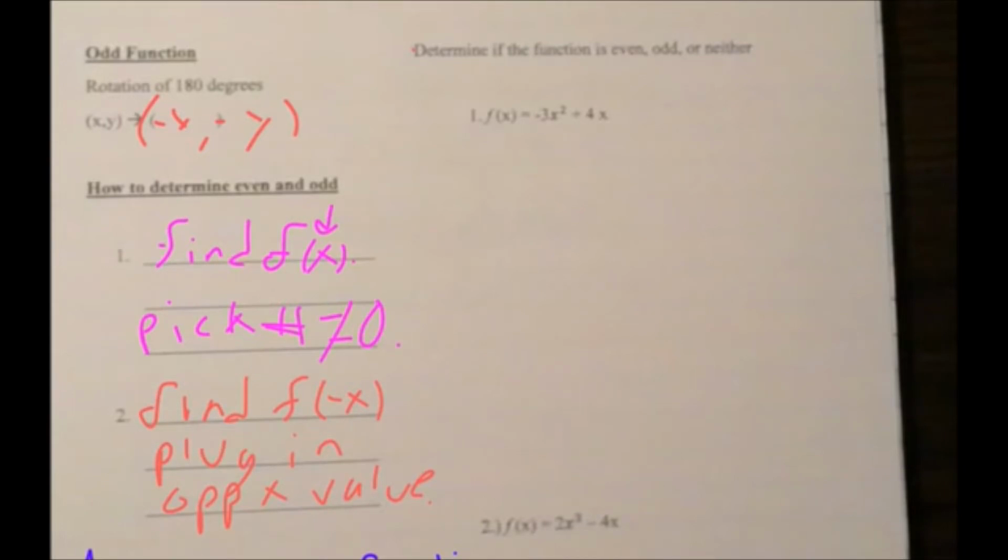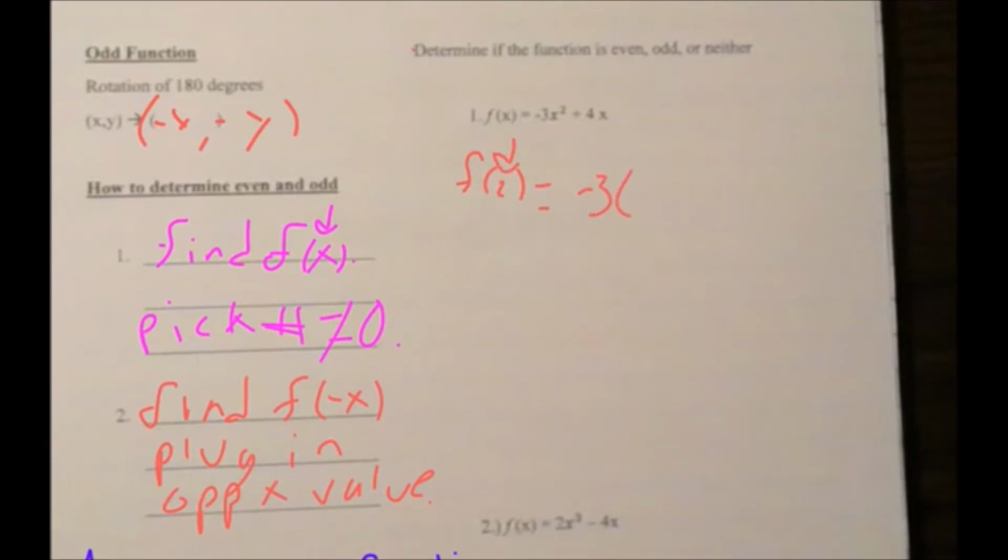Okay, let's put this plan in action. So we have f of x equals negative 3x squared plus 4x. So remember, you're picking a value for x. I'm going to pick 2. You can pick anything besides 0. So remember, this is our input value, so we're inputting that everywhere we see an x.